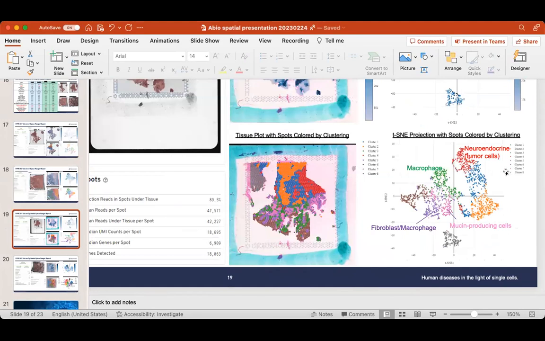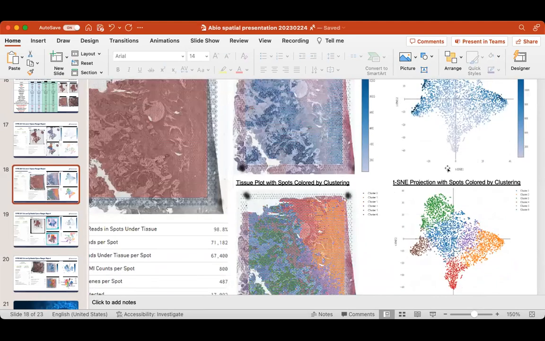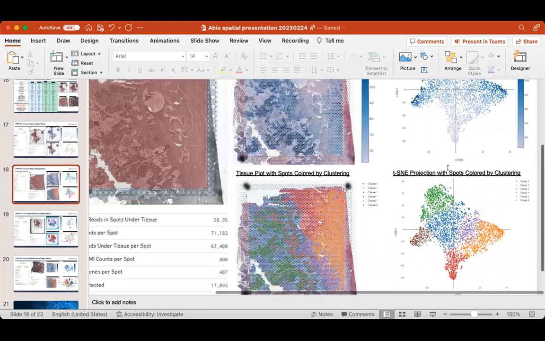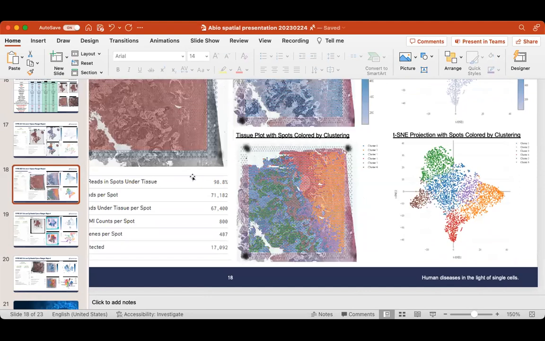Maybe just one more cluster here. More spots, but I think it's because the coverage of the tissue is larger. But with this 5 AA2, I think we have many more clusters and more detailed separation. Yes.